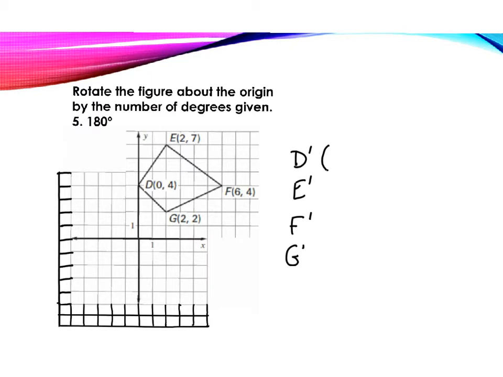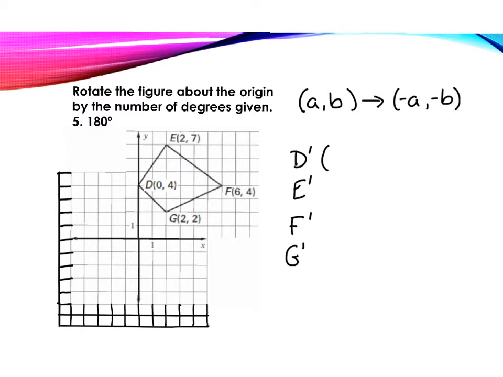Now the rule for 180 degree rotation is this, our point (A, B) that we are given. So each of these are our (A, B). We are going to take those points and use (negative A, negative B).